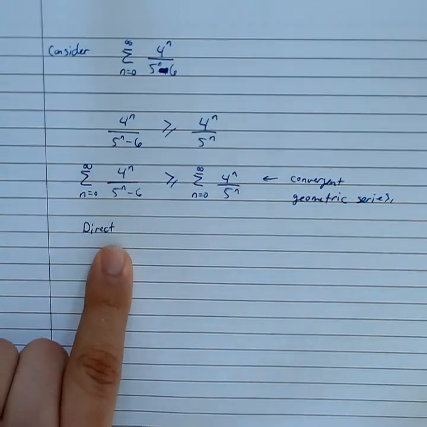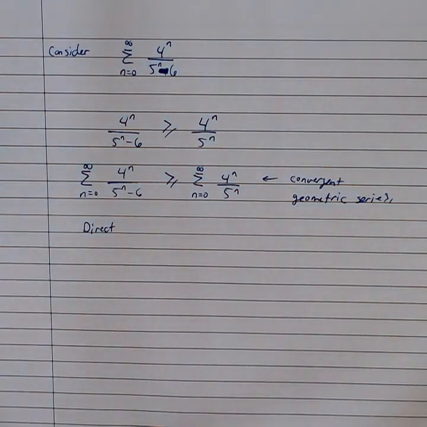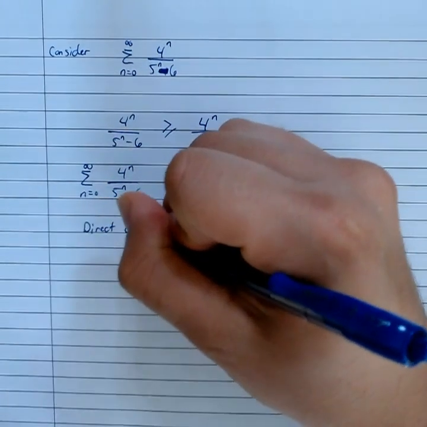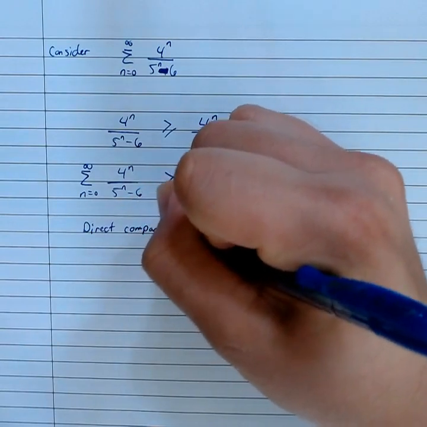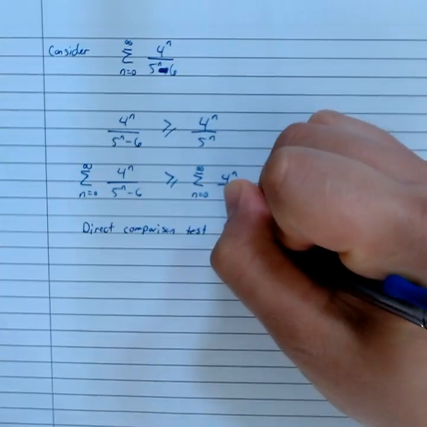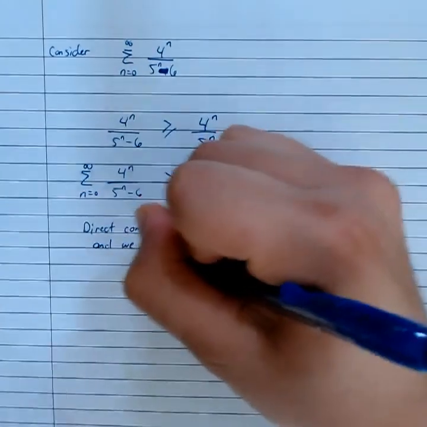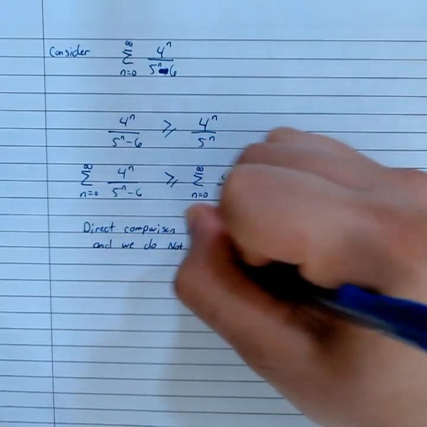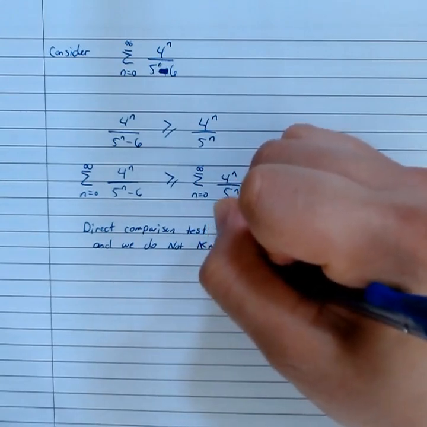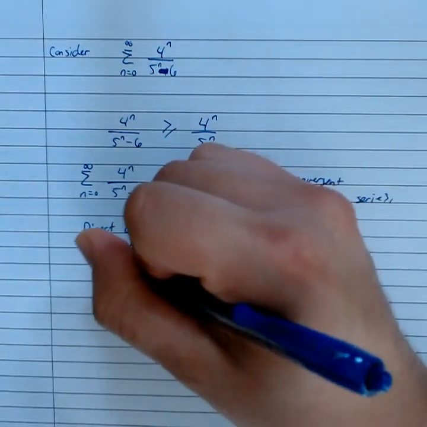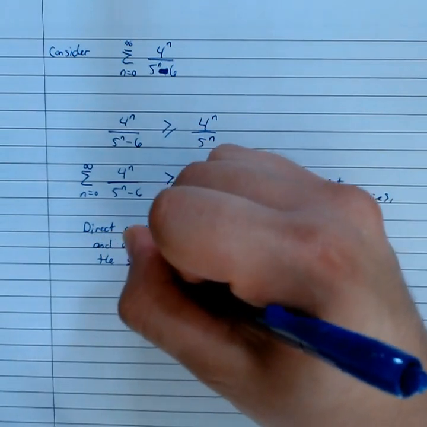When we say a test fails, that means it didn't succeed at its goal. It didn't tell us whether or not the series converged or diverged. So here, the direct comparison test fails, and we do not know if the series converges or not.